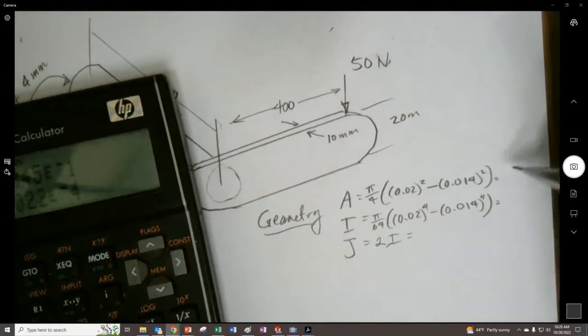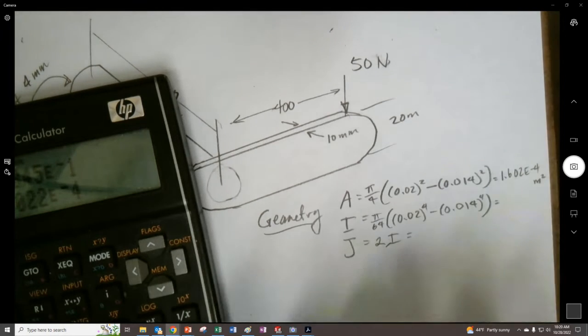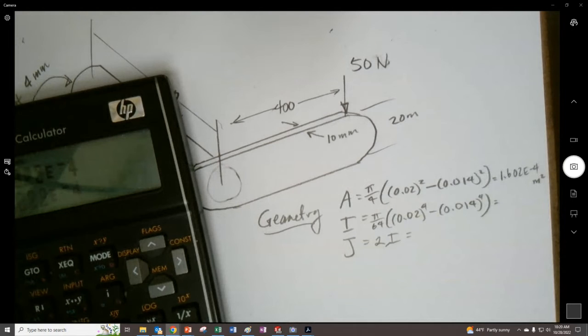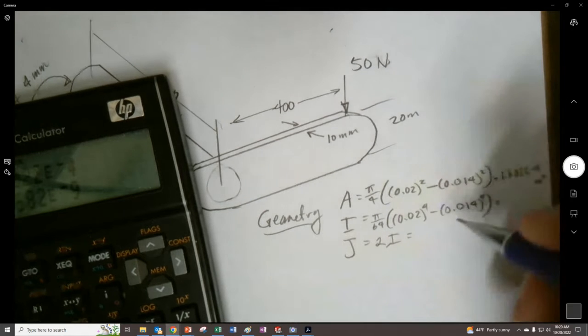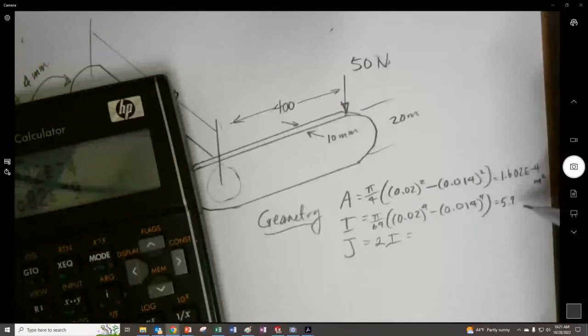I don't give myself a lot of room, but I'll squeeze in there. 1.602 e to the minus 4. Those are meters squared. And then I'll do it again here for the fourth. 0.014 to the fourth, minus, and then pi times 64 divided. All right, and so we have a very small number here, 5.968.